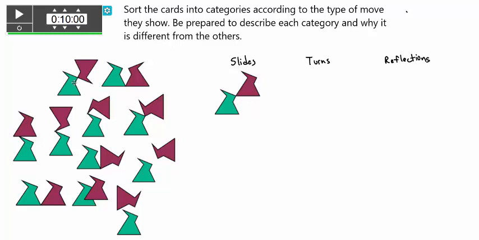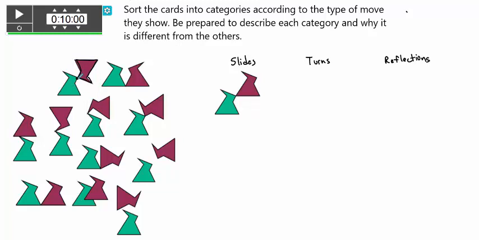This one, is it reflecting or turning? I'm just going to trace it real quick just to make sure. I'm going to turn it. Yeah, it's a turn, and it's going around this point right here.